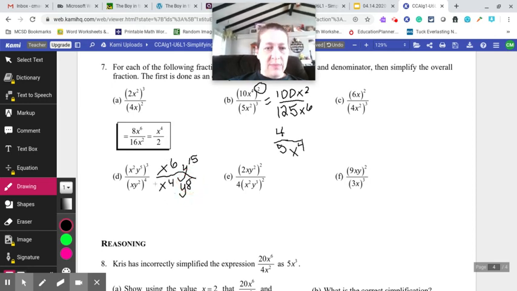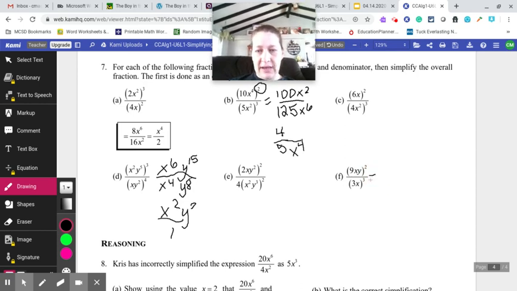Okay, so let's look at just our x's. 6 is larger, so 6 minus 4 is 2, so x squared. And then 15 minus 8 is 7. And that's over 1, which you don't really have to do.